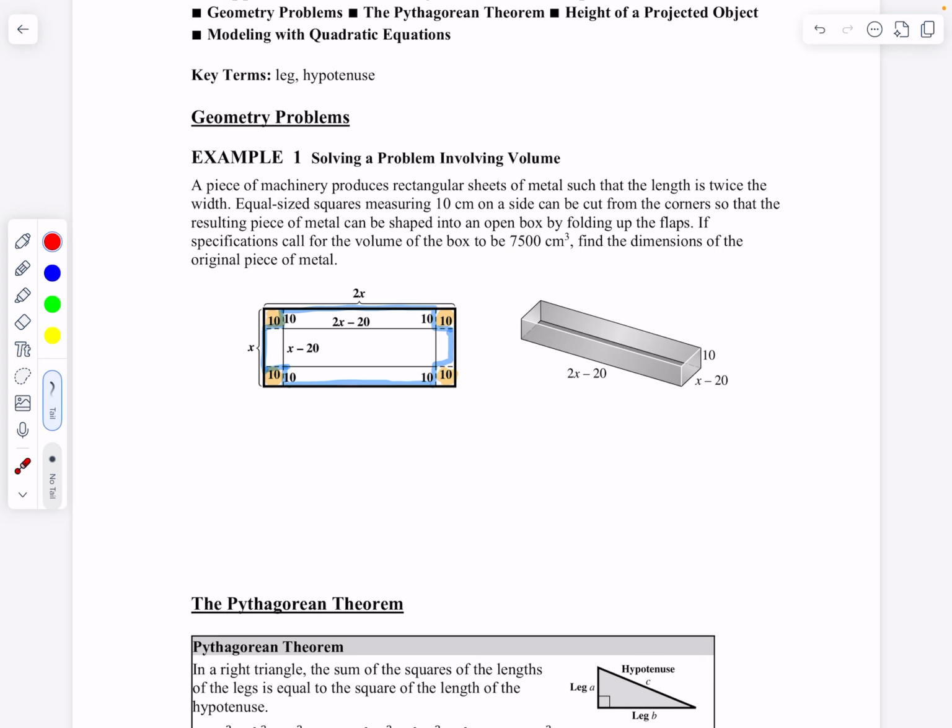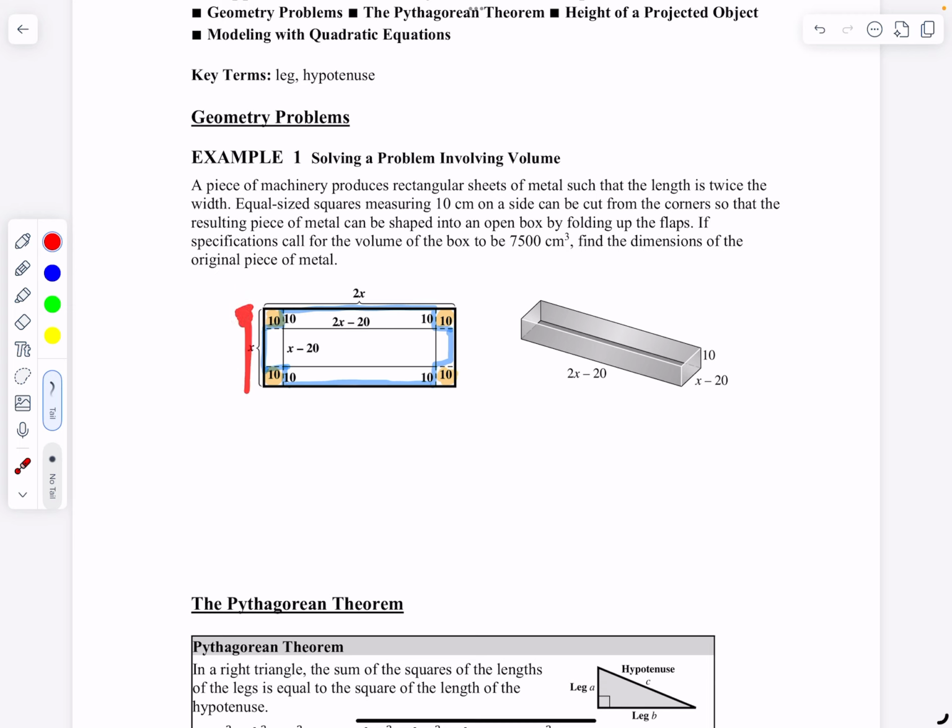Notice that this length is 2x, and I cut off 10 centimeters here and 10 centimeters here. What is left is 2x minus those 20 centimeters, so that would be 2x minus 20. I do the same thing on this side since it's labeled. There's my x.